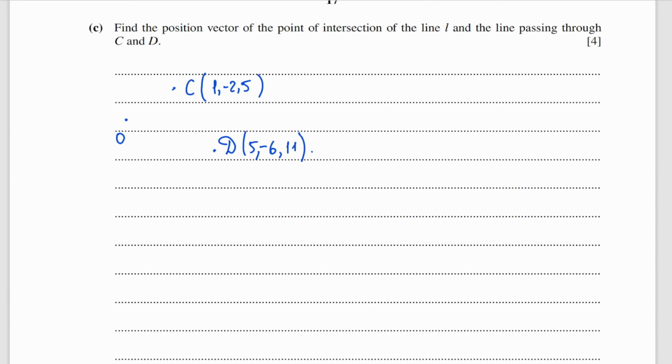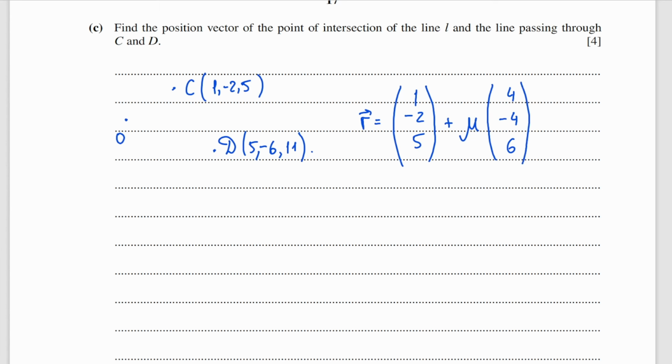For question C, first we'll have to find the equation of the line CD. And it's a very similar process to the previous question. First we need to get on a line, and I will use the vector OC, which is 1, -2 and 5. Plus some number, I will call it mu, multiplied by the vector CD, which is 4, -4 and 6.